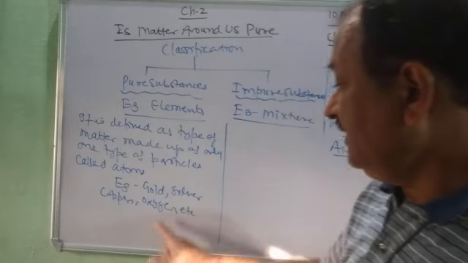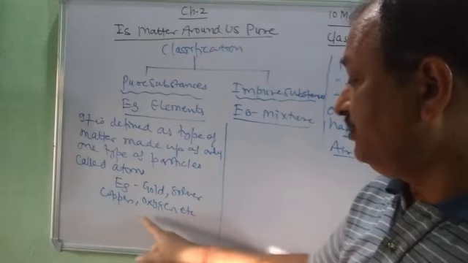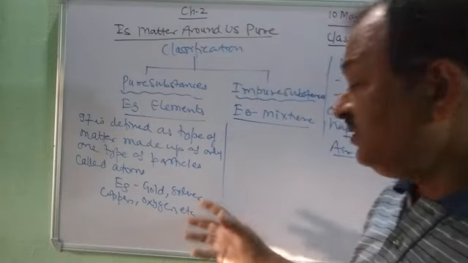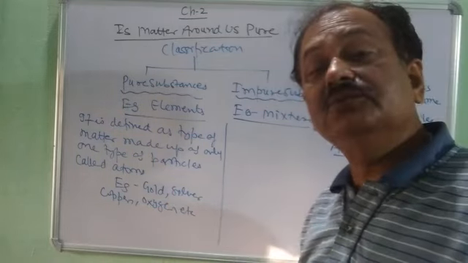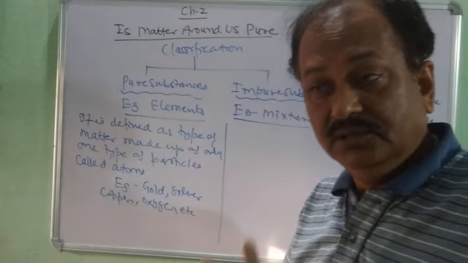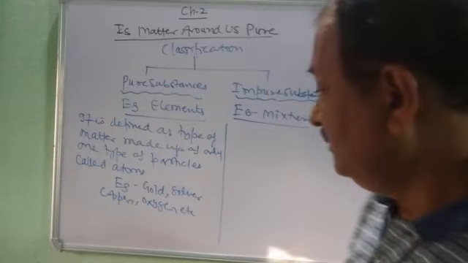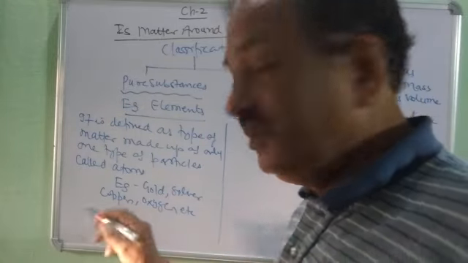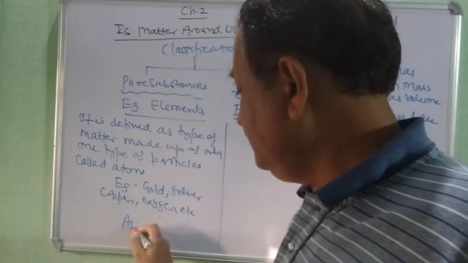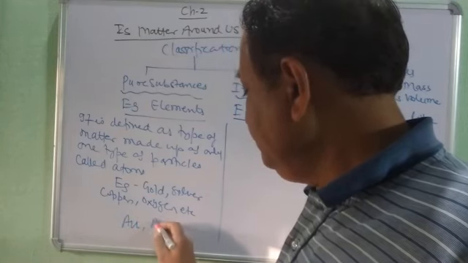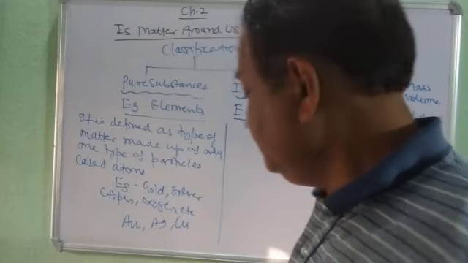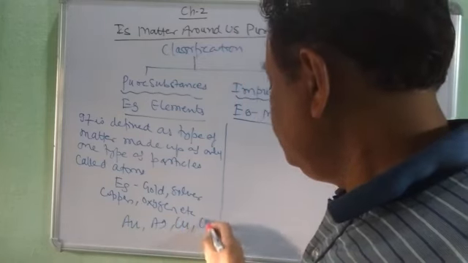Take the case of gold. Gold is made up of only atoms of gold. Gold, the symbol is Au. Silver, symbol is Ag. Copper, symbol is Cu. Oxygen, symbol is O.